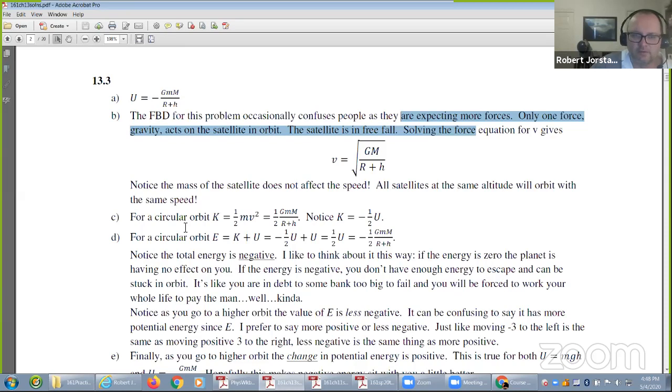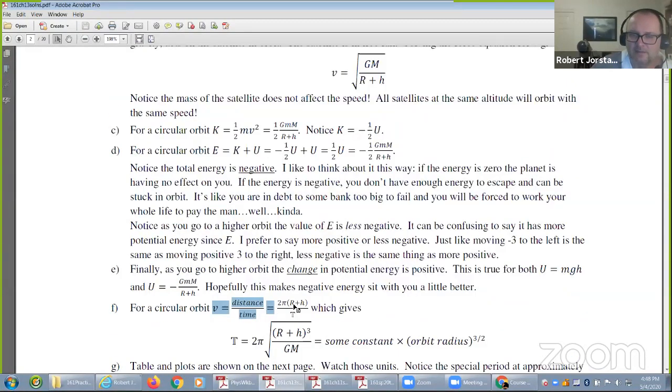Notice if you need to get the period, that's distance over time. So that's going to be 2 pi times the radius, which is r plus h. And so if you get the velocity, you could rearrange that and solve for the period. And notice it's some constant times the radius to the 3/2 power. That's one of Kepler's laws.